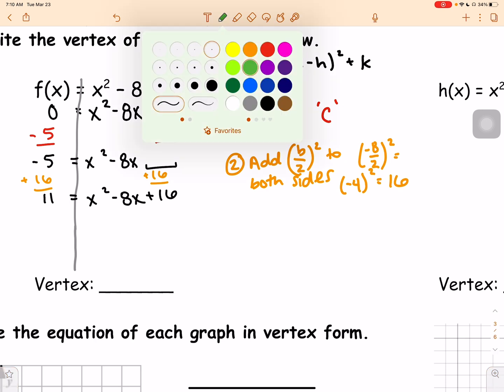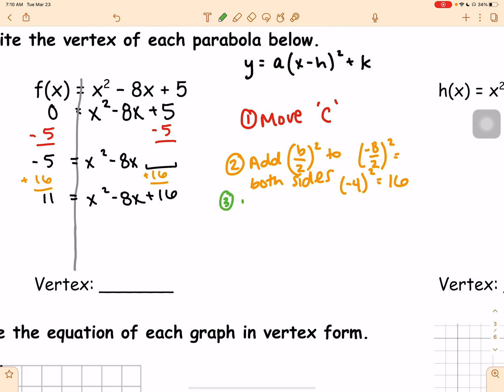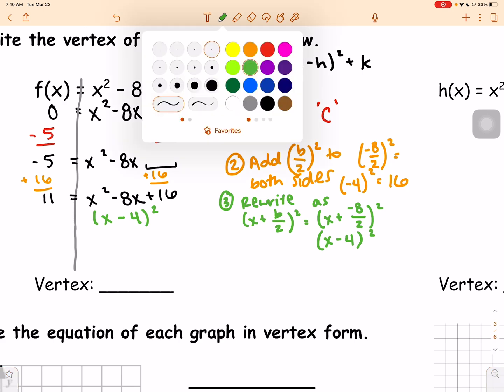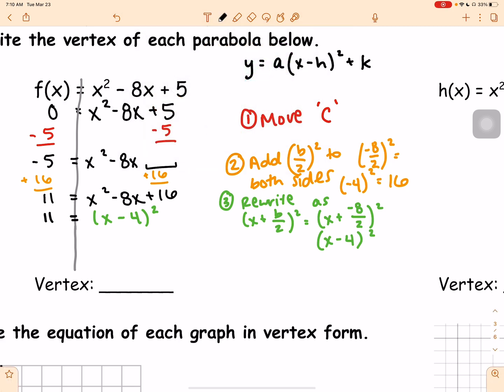So now what we want to do is rewrite this as x plus b over 2 squared, which in this case our b, again, was -8. So x plus -8 over 2 is just x minus 4 squared. So I'm going to rewrite this as my complete square, x minus 4 squared, and that is equal to 11.